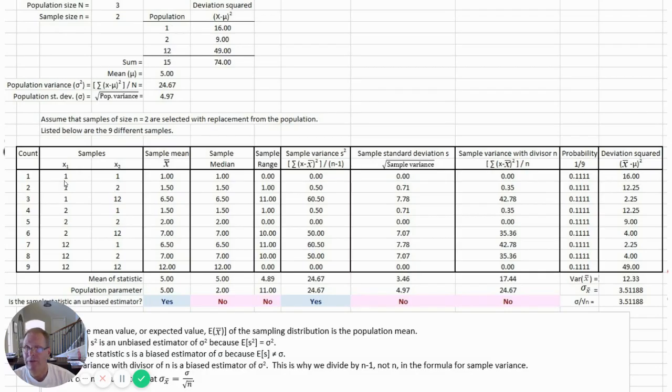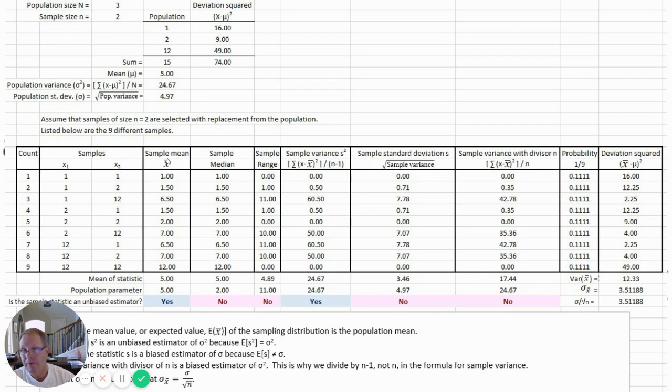Over here on the left-hand side, I created all possible samples of size 2 from those 3 numbers. There's 9 of them. For each of my samples, I calculated the mean, the sample median, the sample variance, the sample standard deviation, and a few other statistics.